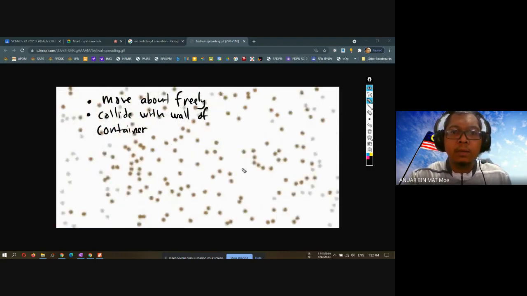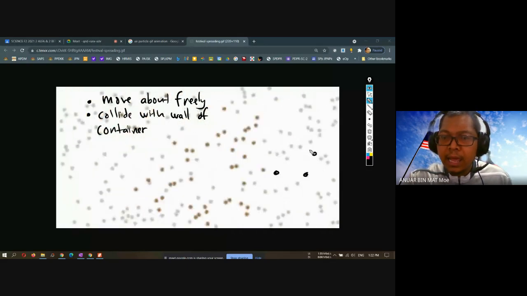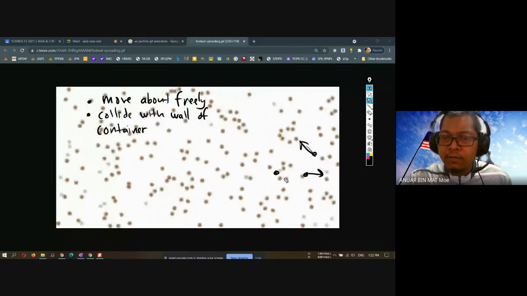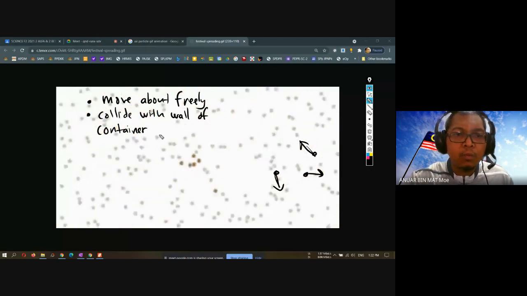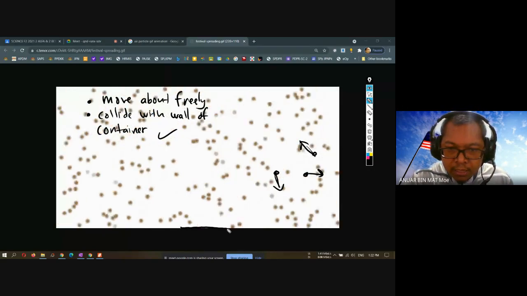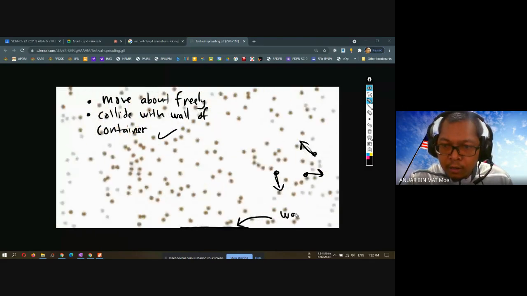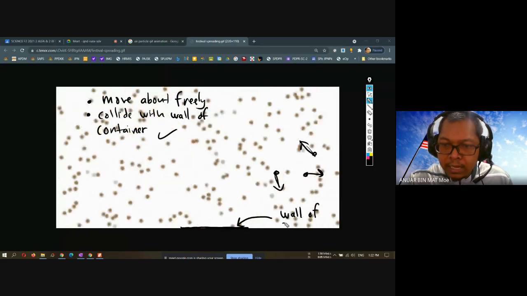Can you see the particles moving? The particles move randomly and freely, and then they collide with the wall of the container. For example, this square here is the wall of the container.